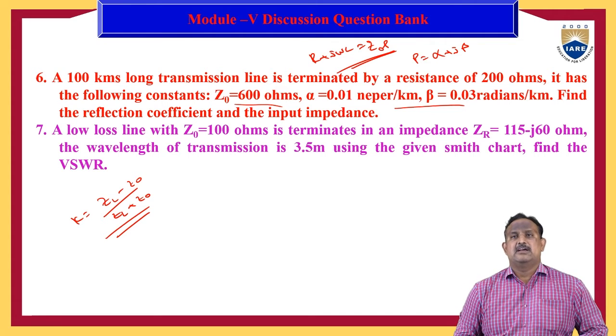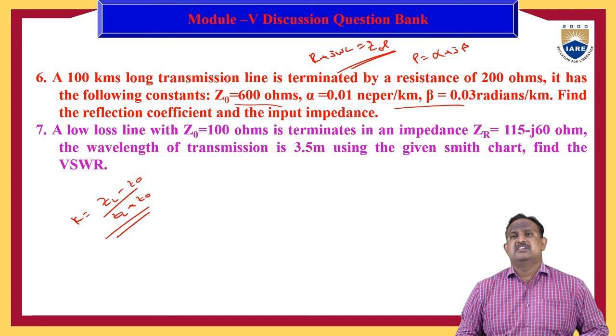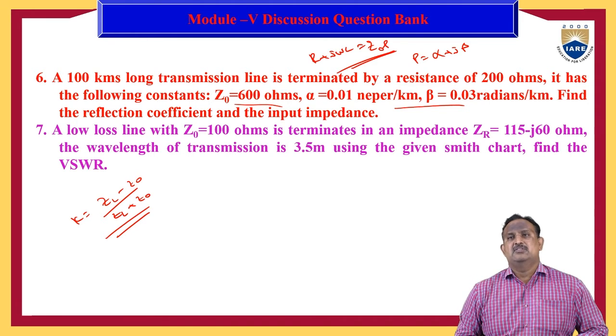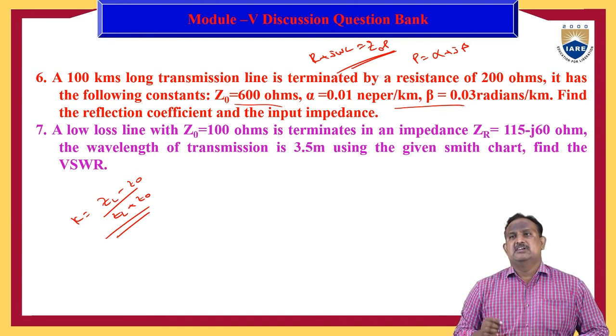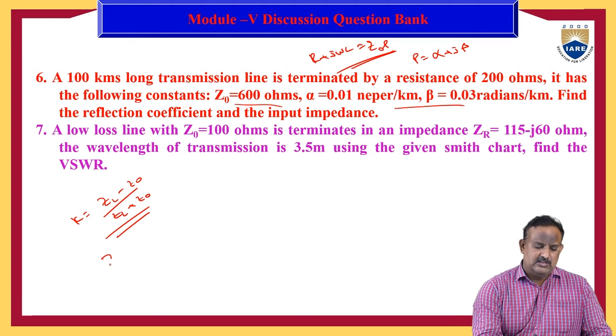A low loss line with Z0 equal to 100 ohms is terminated with an impedance ZR equal to 115 minus j60 ohms. The wavelength of the transmission line is 3.5 meters. Using the Smith chart, we need to find the VSWR. Z0 and ZR are given, so we find the normalized impedance, ZR by Z0.